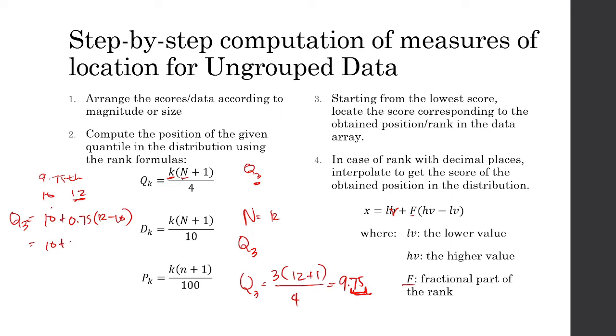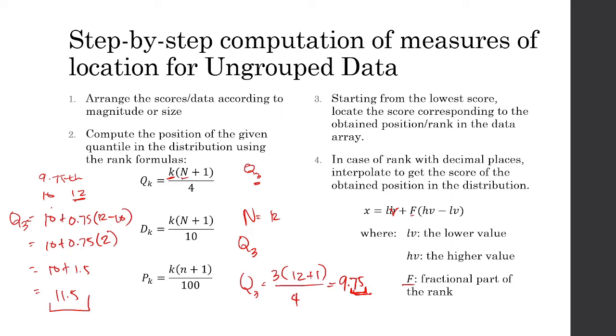So we have 10 plus 0.75 times 2. We just need to multiply 0.75 into 2, so we will have 1.5, plus 10. So our third quartile there will be 11.5.